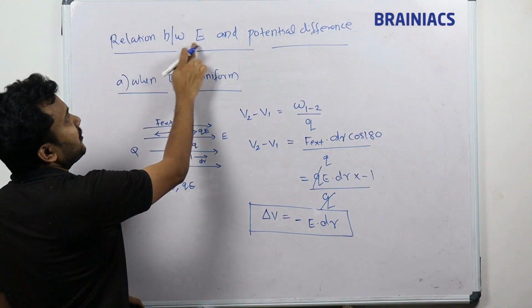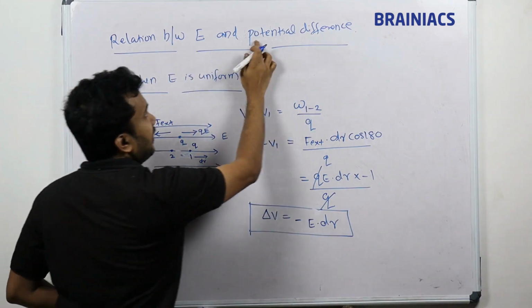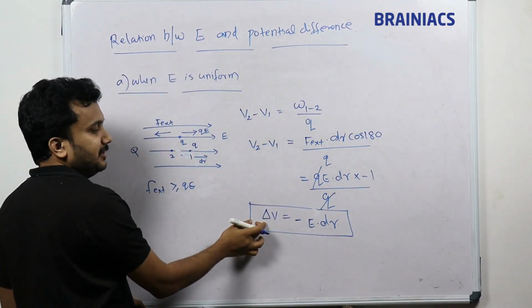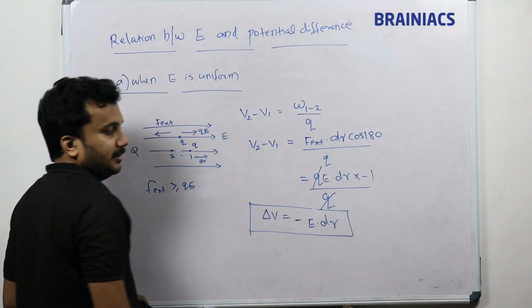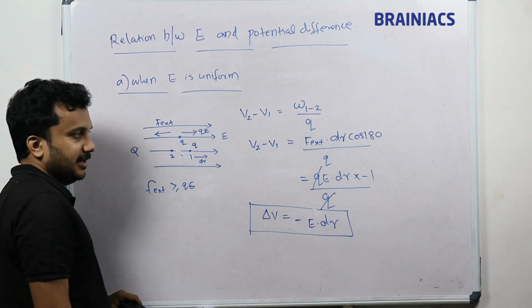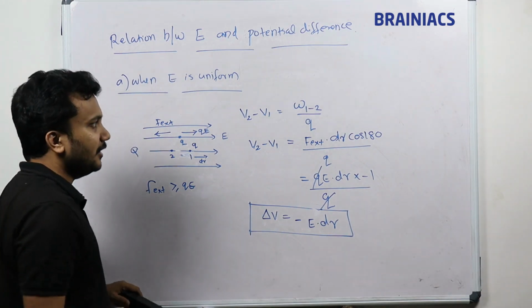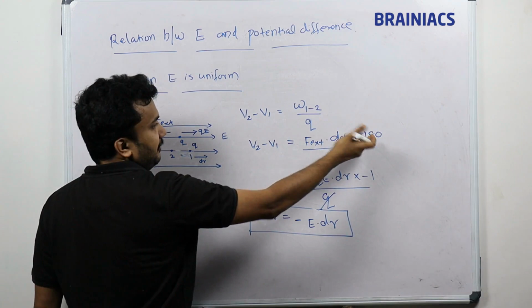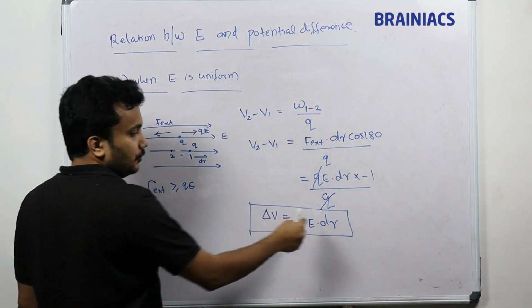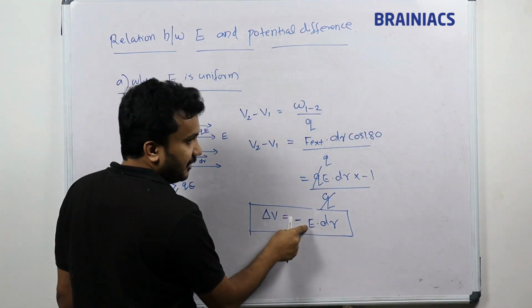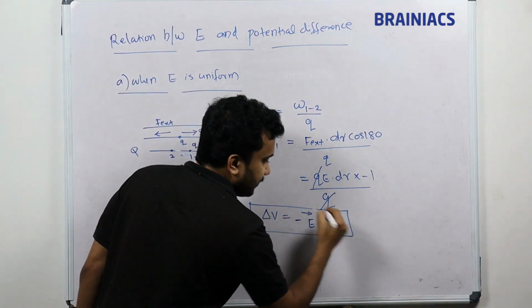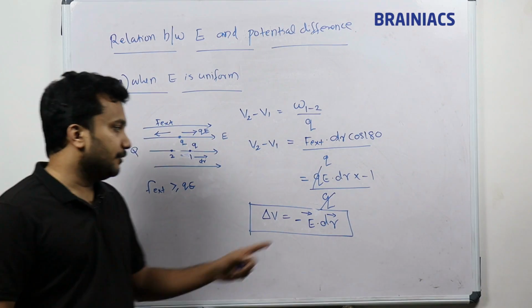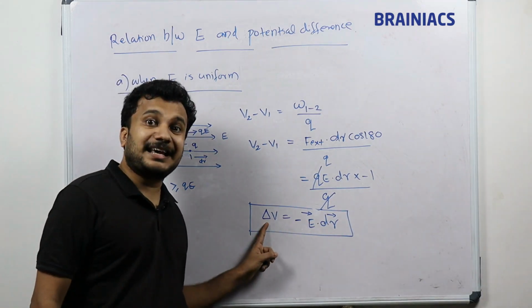See the heading, relations between electric field and potential difference. So potential difference delta V is equal to minus E dot dr. Here dot products are there, and the cos angle always matters if you have taken the correct vector format, because electric field is a vector quantity and dr is a vector quantity. If you multiply two vector quantities with a dot product, we get a scalar quantity.